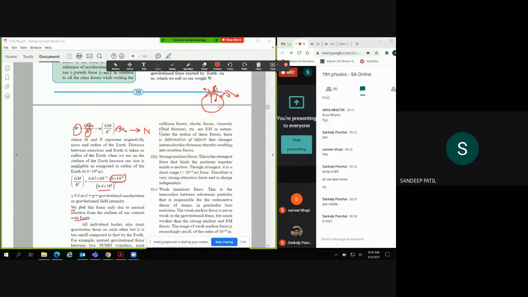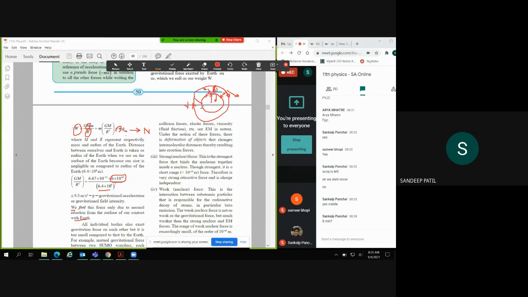So generally, whenever the rocket goes from the Earth, it will have some velocity, and it will move around the Earth at a certain velocity, right?